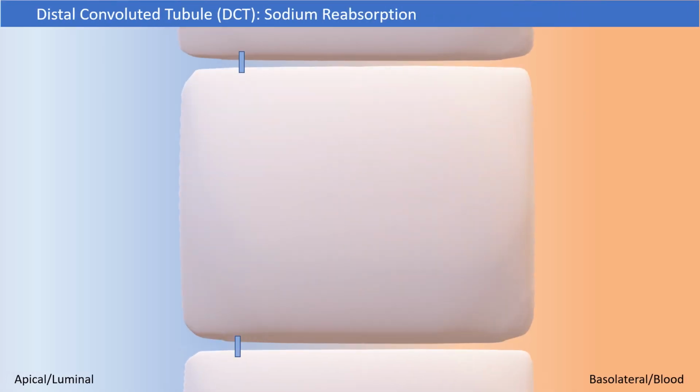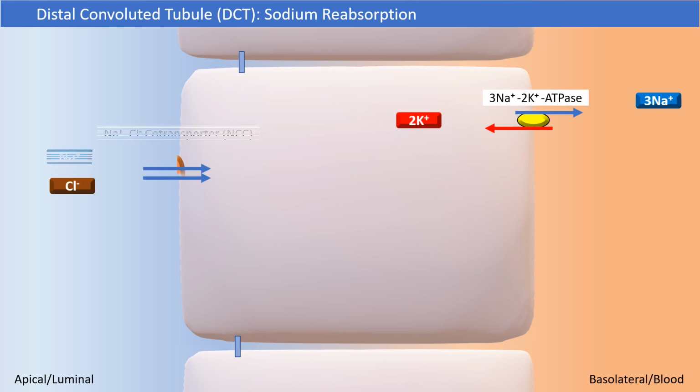Let's review how sodium is reabsorbed in the distal convoluted tubule, or DCT. Here is the DCT, luminal side on the left and basolateral on the right. The ubiquitous sodium-potassium ATPase. Shifting our attention to the apical side, the DCT has a transporter called the sodium chloride cotransporter, or NCC.